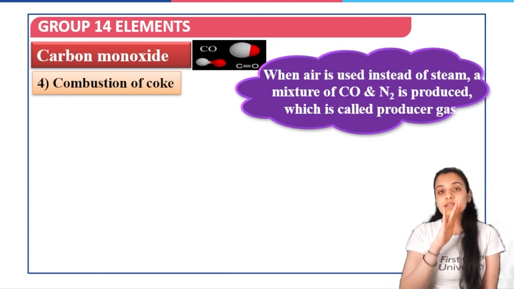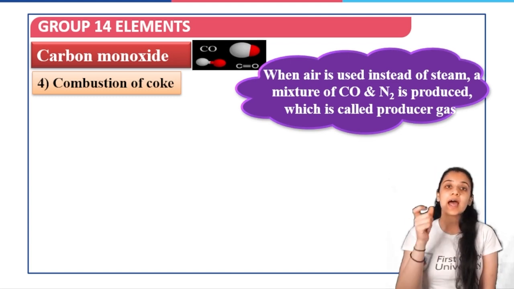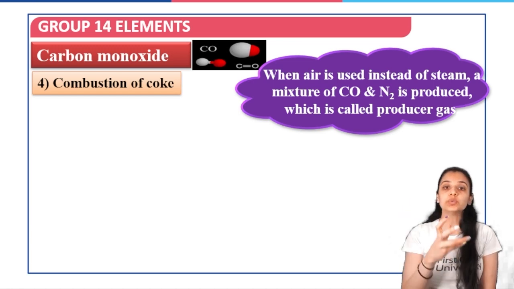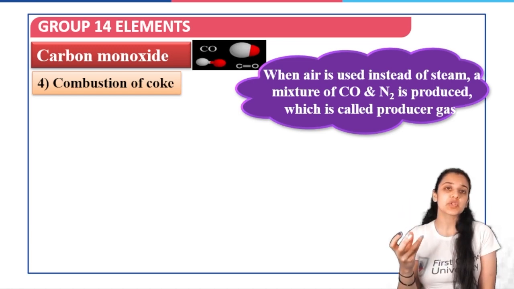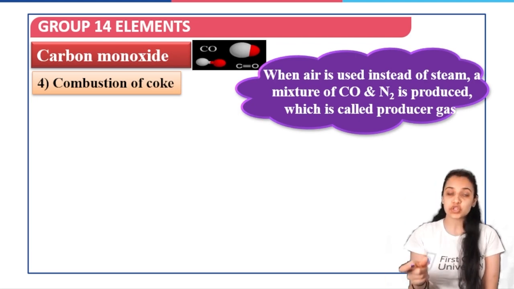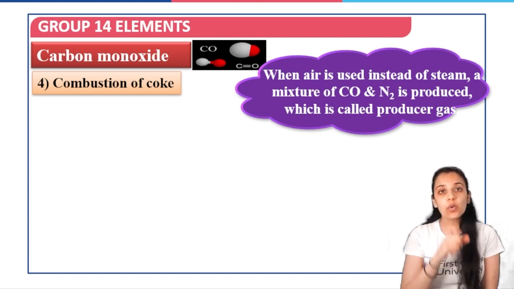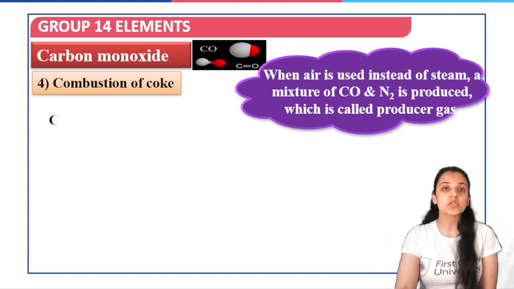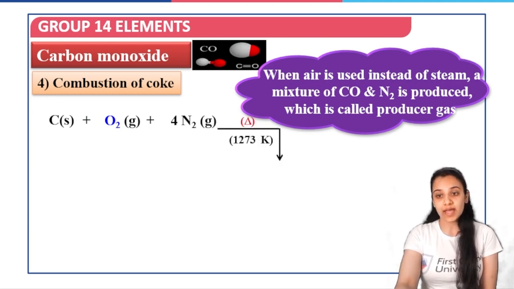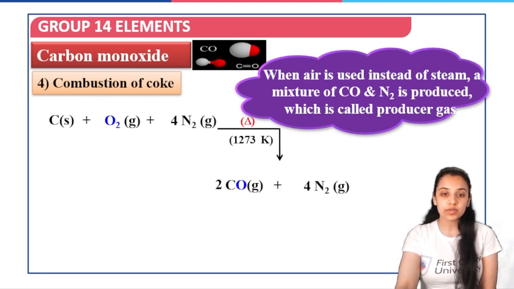A mixture of CO and H2 was called water gas or blue gas or synthesis gas, but a mixture of CO and N2 is called producer gas. So coke plus O2, plus N2 gas is also present. On heating at 1273 Kelvin, we get carbon monoxide and 4 moles of N2 gas.